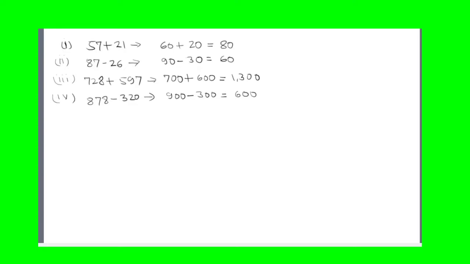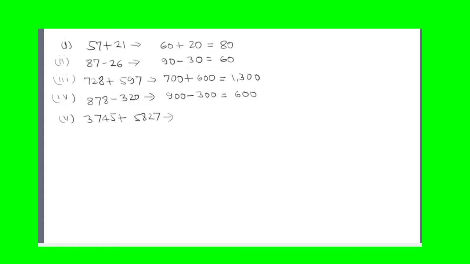Our fifth example is 3745 plus 5827. This we are rounding off to the nearest 1000.